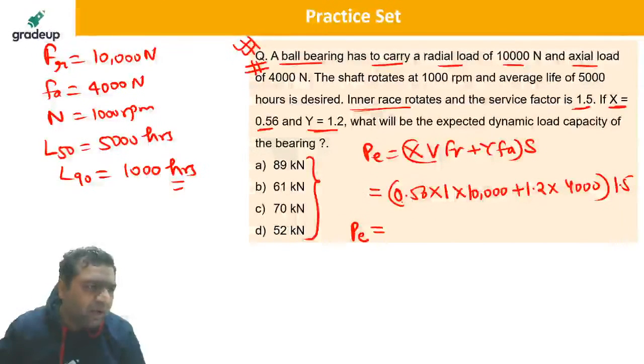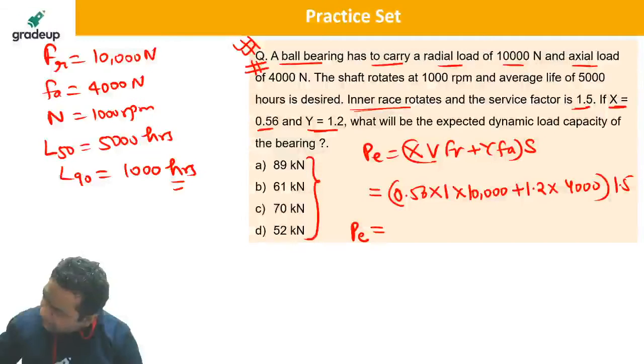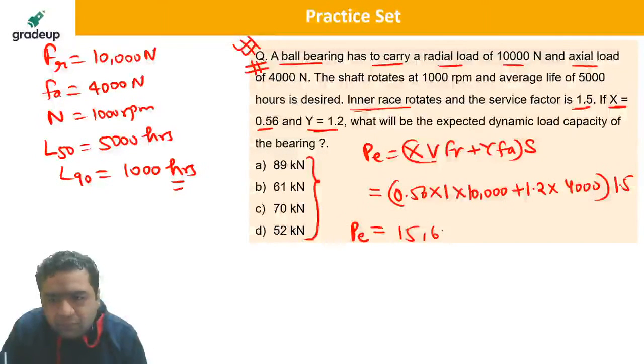So guys, you will be finding the equivalent radial load. Very good Mohit Kundu, Akhilesh, fine, wonderful. You will get the equivalent radial load equal to 15,600 Newton.